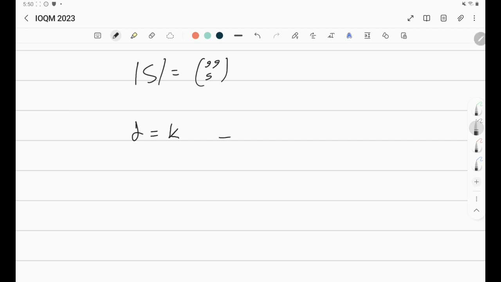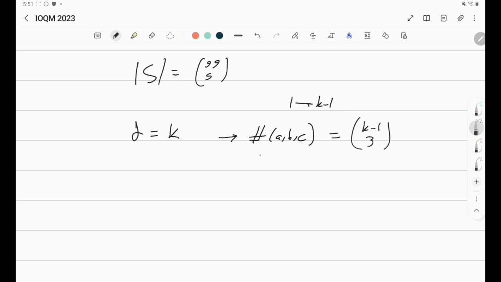This is actually simple, because you just need to choose numbers from 1 till K minus 1. You need to choose just three numbers, which can be done by K minus 1 choose 3.